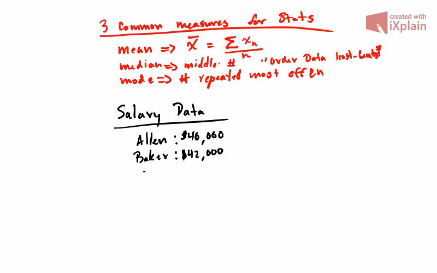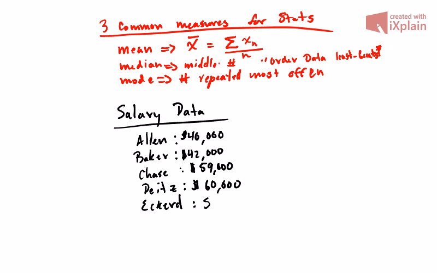Chase makes $59,000. Dietz makes $60,000. Eckert makes $62,000. Francis makes $65,000.